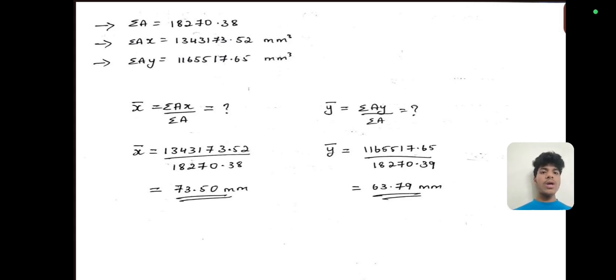After that we have to find x bar, which is summation A x divided by summation A. Similarly, we have to find y bar, which is summation A y divided by summation A.